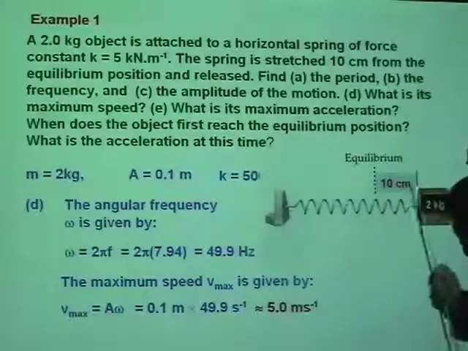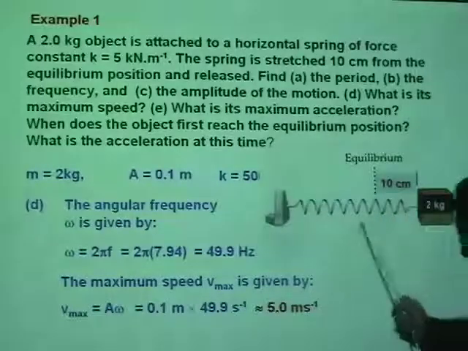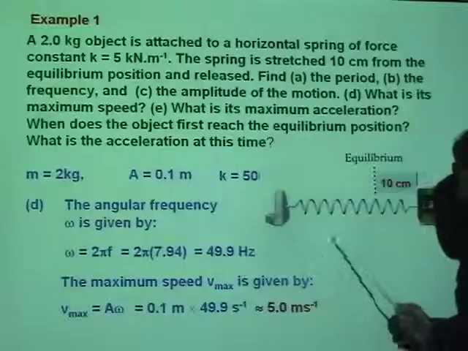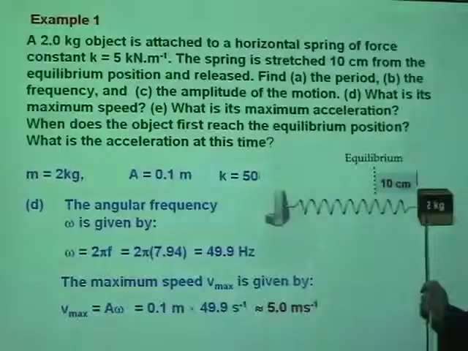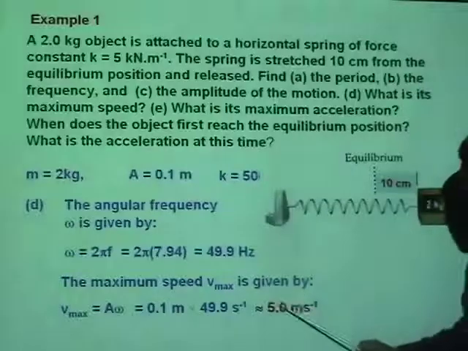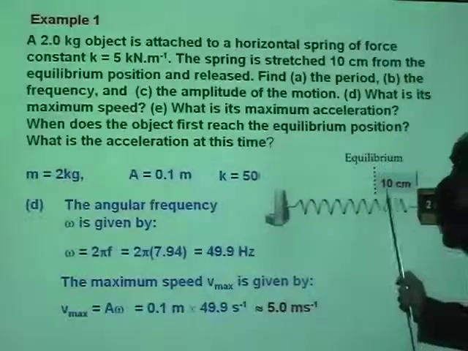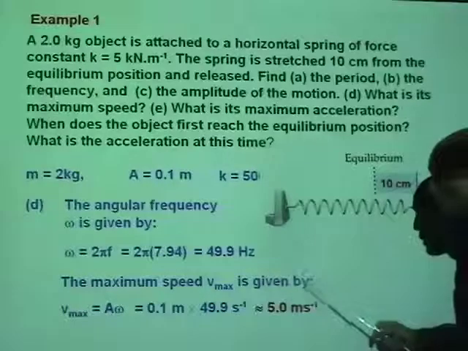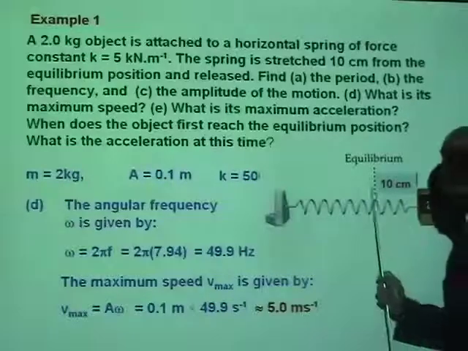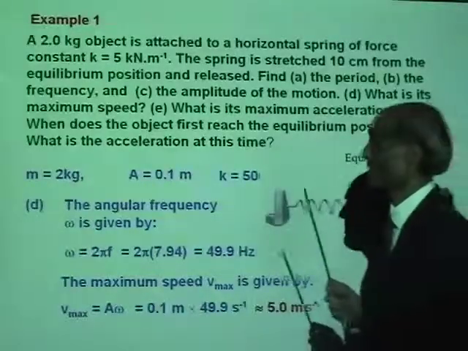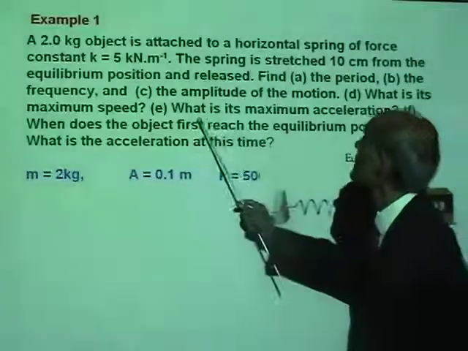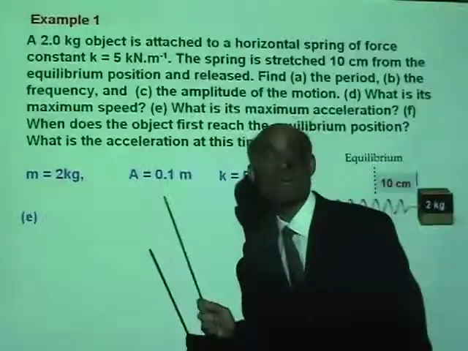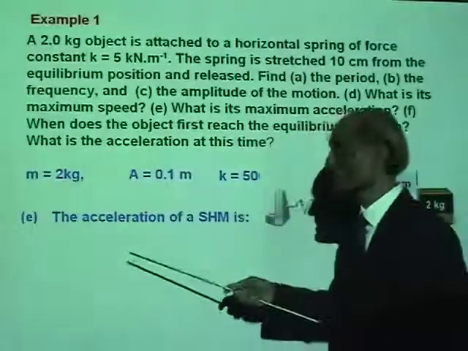Tell me, when does this mass have this velocity, this 5 meters per second? At what position? The maximum velocity occurs when it reaches the equilibrium position. So this is the velocity at the equilibrium position. Alright, next what do we need? What is the maximum acceleration? What is the equation for maximum acceleration?